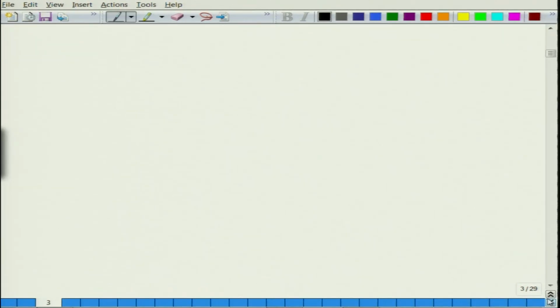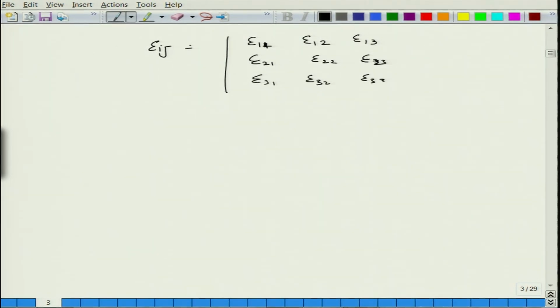Now, if you write the overall tensor, it can be written as epsilon 11, epsilon 12, epsilon 13, epsilon 21, epsilon 22, epsilon 23, and then epsilon 31, 32 and 33. Out of these, the diagonal terms are the principal strains, and the off-diagonal terms are shear strains.